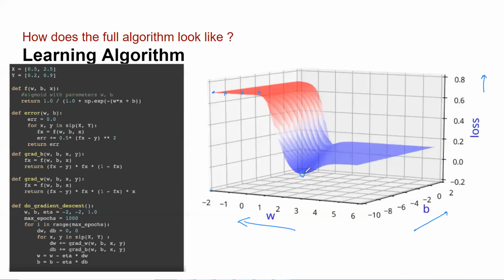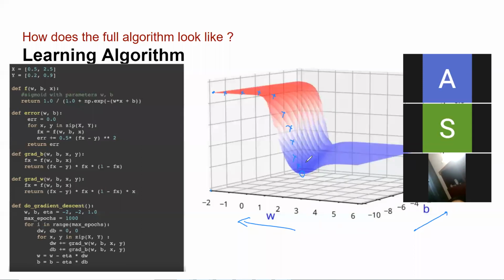Somewhere here. So as you keep updating the value of W and B, your loss will reduce, and it will try to reach the minimal value. In this case, the minimal value is this one.